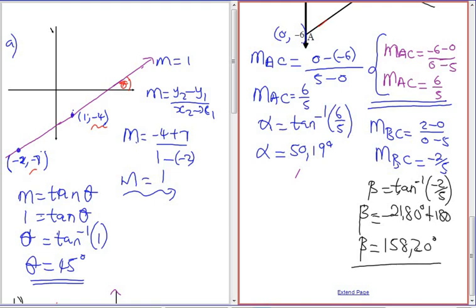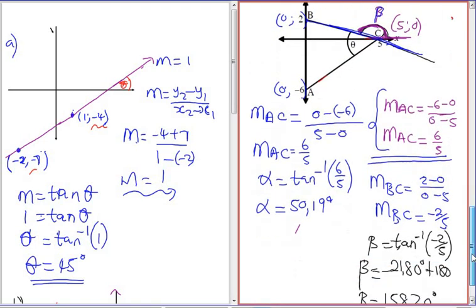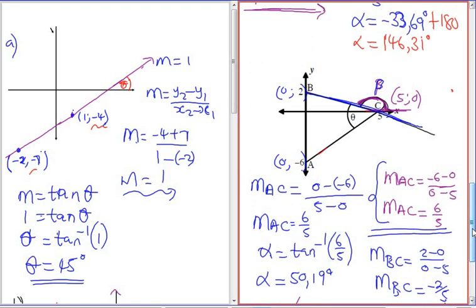Okay, let's go and reason now with our diagram and our values. So we know that this is 158.20. If you subtract this whole thing from 180, you should be able to get your 21.80 here.